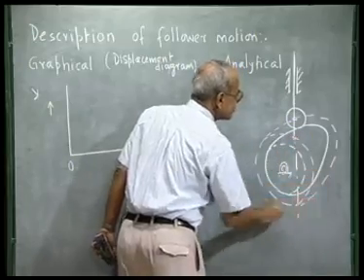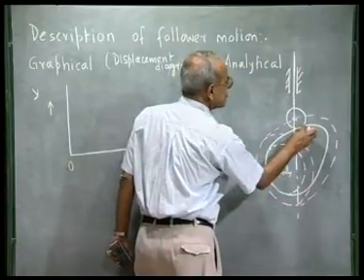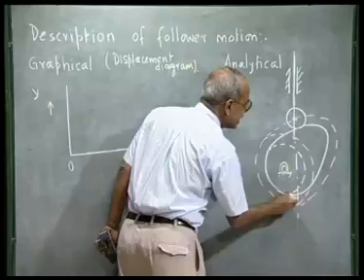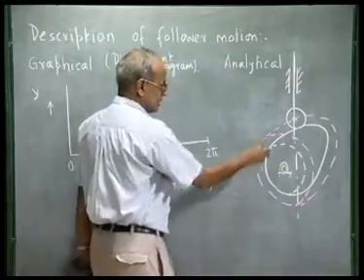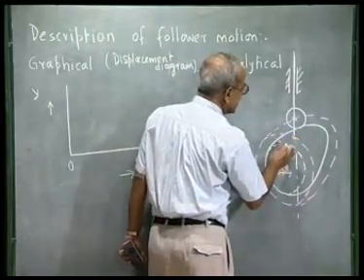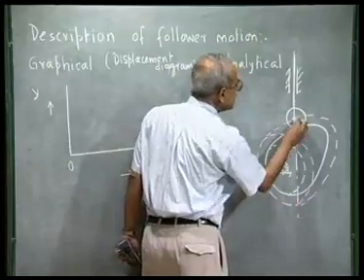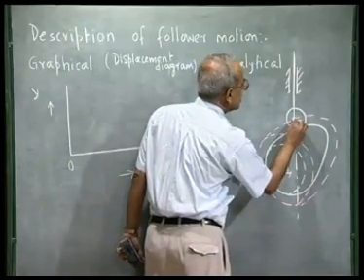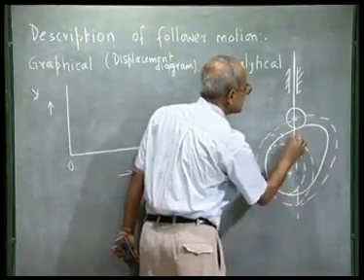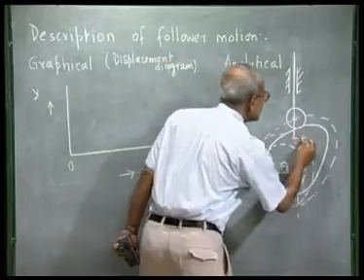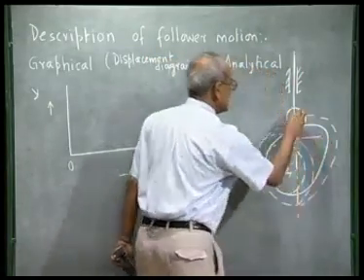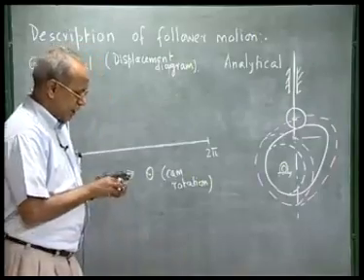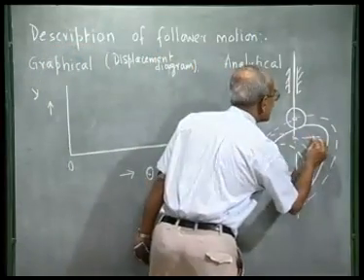It can never get into the prime circle because the roller surface cannot get inside the base circle. When the roller is touching the cam along this base circle, this is the lowest point of the roller center when it intersects the prime circle. So this is the lowest level that the trace point can come, and we measure y from here.